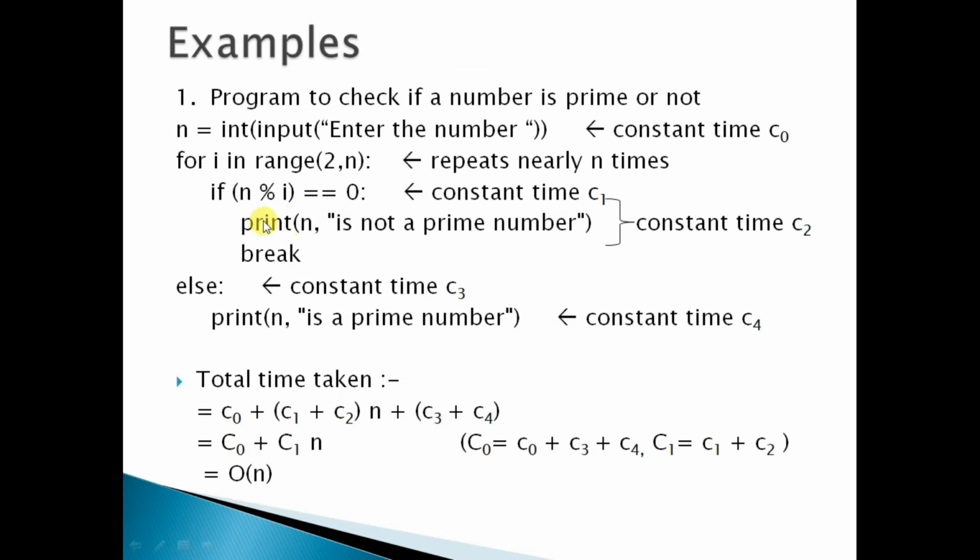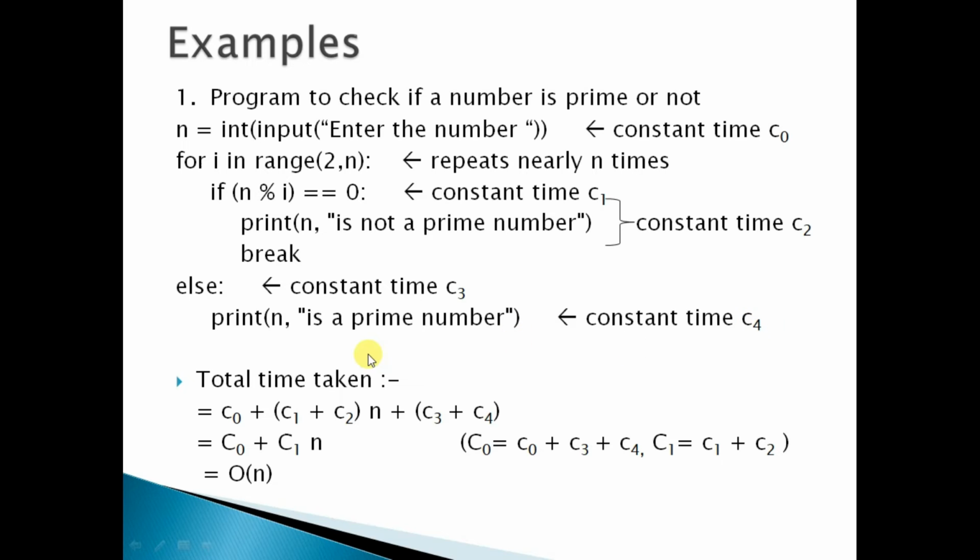Then we have a print statement, which will also require a constant time. Suppose the entire body of this if requires a constant time called C2. Next we have the else for this for loop, which will also require a constant time C3, and the statement inside it requires a constant time, suppose C4.